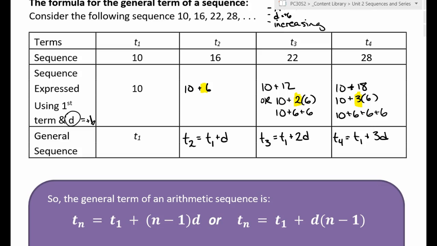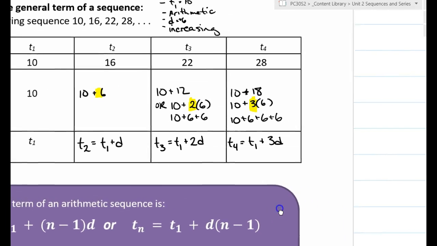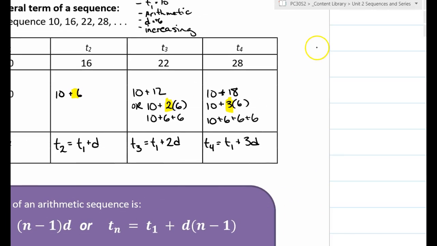Well, 3 d's are getting added when it's term 4. So just to make a note on the side here: number of d's, common difference, and term number. We can just call it n.